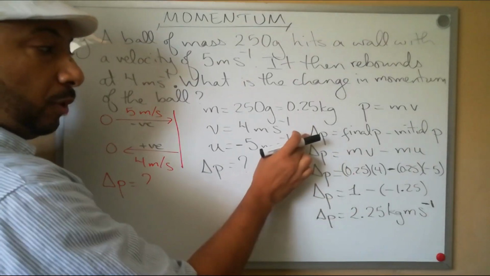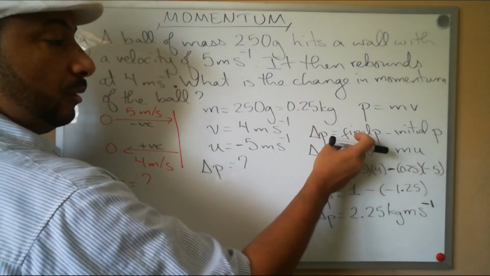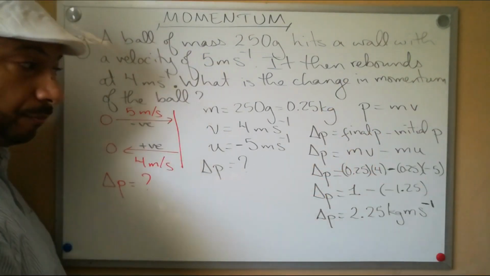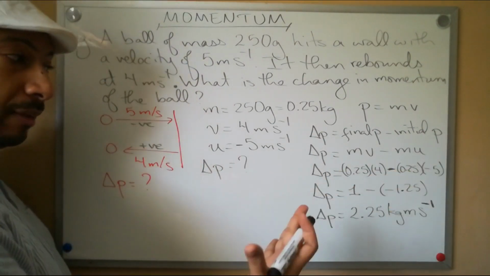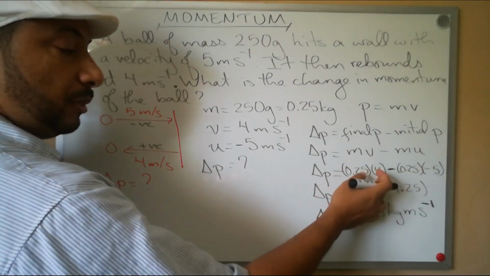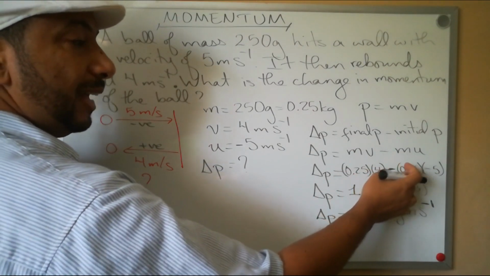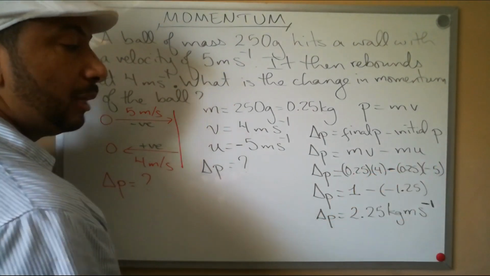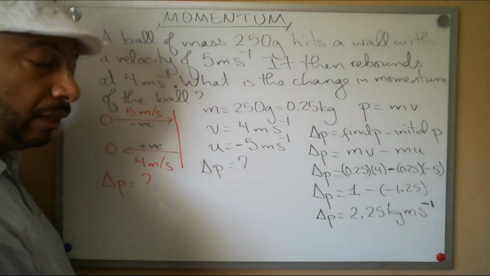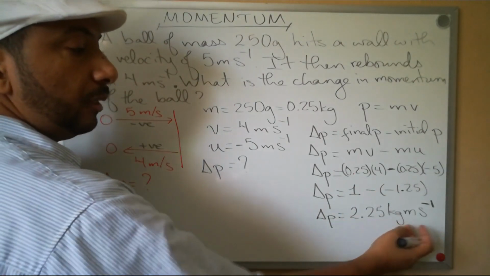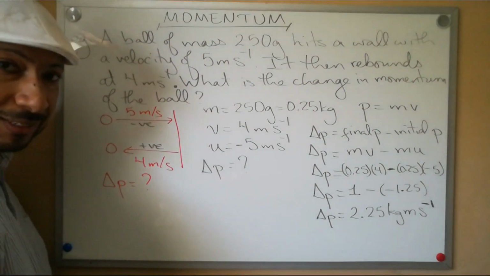So the change in momentum would be the final momentum minus the initial momentum. So I would have mv minus mu. Substituting my values, 0.25 times 4 take away 0.25 times negative 5. So that will give me 1 take away negative 1.25, which gives you 2.25 kilogram meters per second.